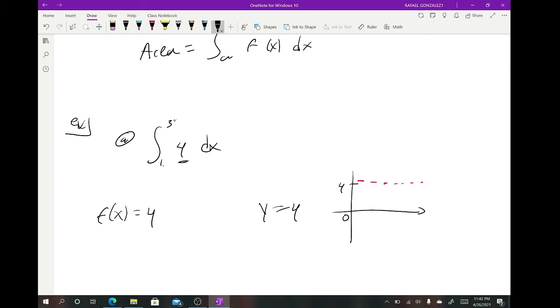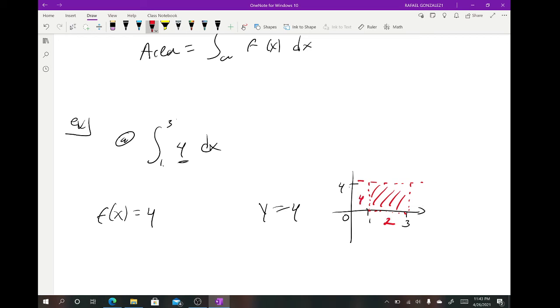Now the interval goes from 1 to 3. So I have 1 here and 3 here. So the vertical lines x equals a and x equals b are this one, and the x-axis is here. So we are talking about this area. Notice that this area is a rectangle. The base is 2. We know the height is 4 because it goes from 0 to 4.